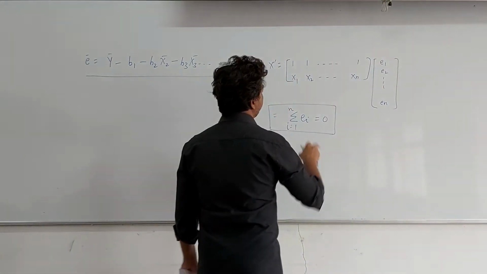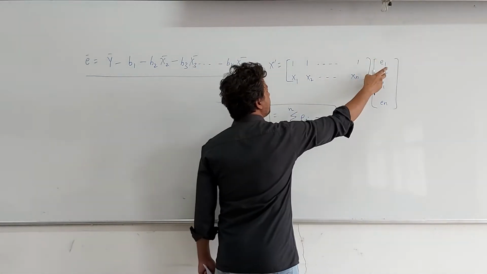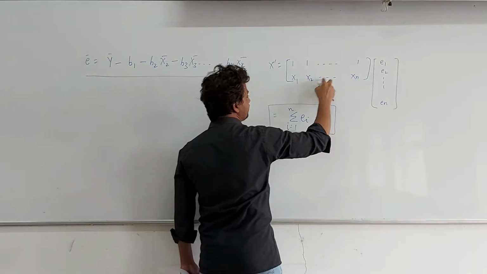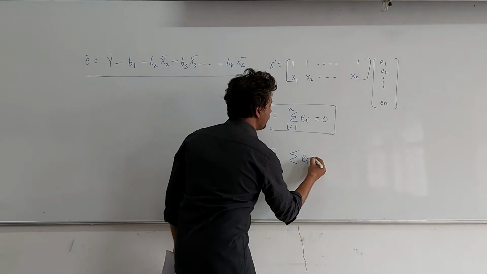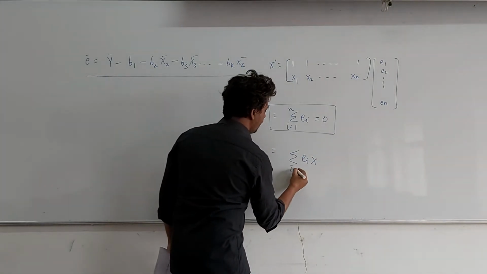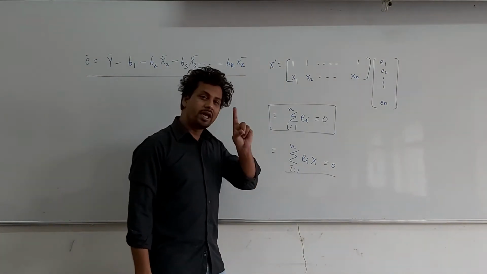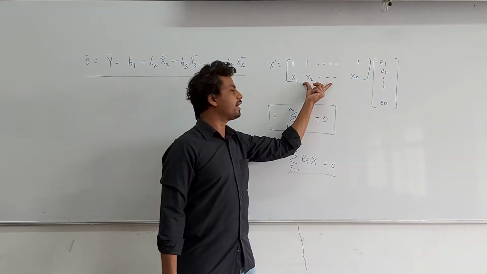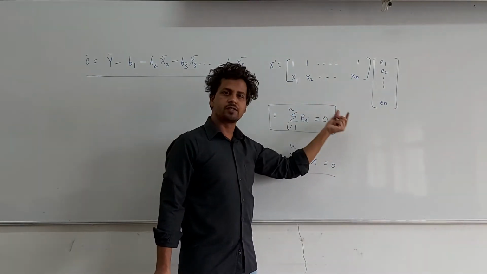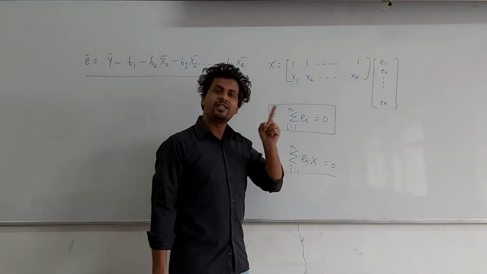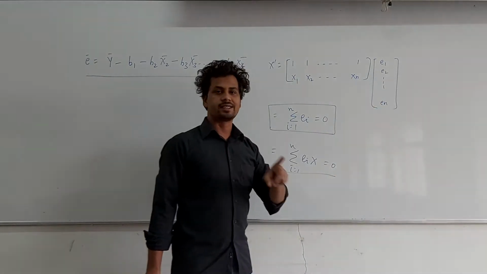Now, if you see the second term, what it will convey is E1 times x1 plus E2 times x2 plus E3 times x3, so on till En times xn. So I write it as summation Ei xi, i equal to 1 to n, is 0. What it means is that the correlation of the residual term with the regressor is 0. So if I have k such explanatory variables, what does it convey? That each of the explanatory variables has 0 sample correlation with the residual term.